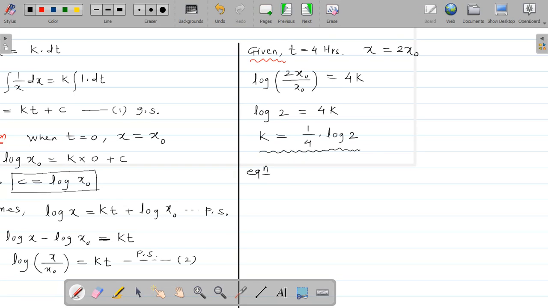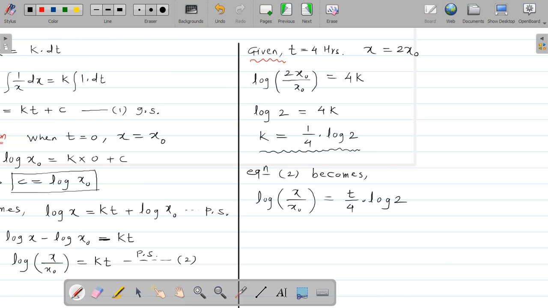After getting the value of k, equation number 2 becomes log of x upon x0 is equal to, the value of k is 1 upon 4 into log 2, and here it is t, so k into t, that means t upon 4 into log 2.